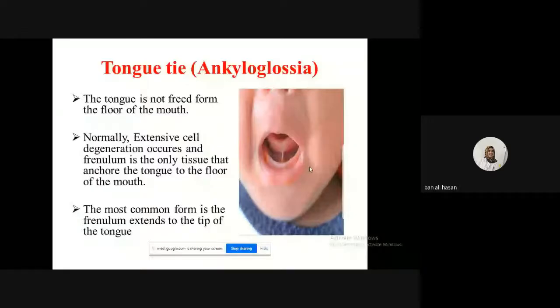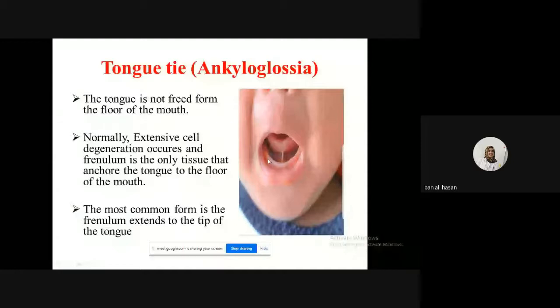Okay, let's come to the tongue tie. This case can be seen most of the time, and in most of the babies, in some cases. Okay, and we call this case, I mean the tongue tie, ankyloglossia also scientifically. And the case itself is that the tongue will not be freed from the floor of the mouth. As you see, the tongue itself is connected to the floor of the mouth.